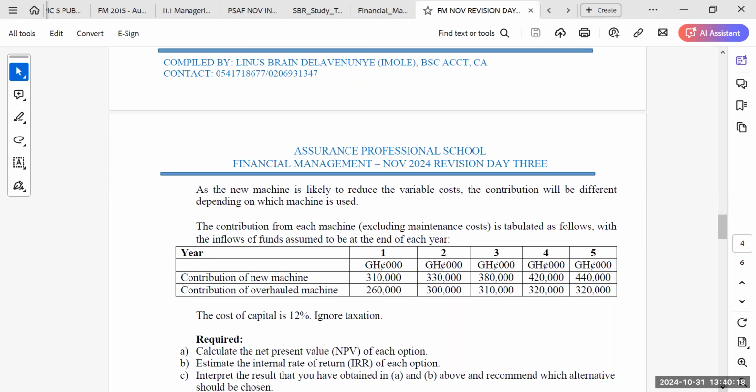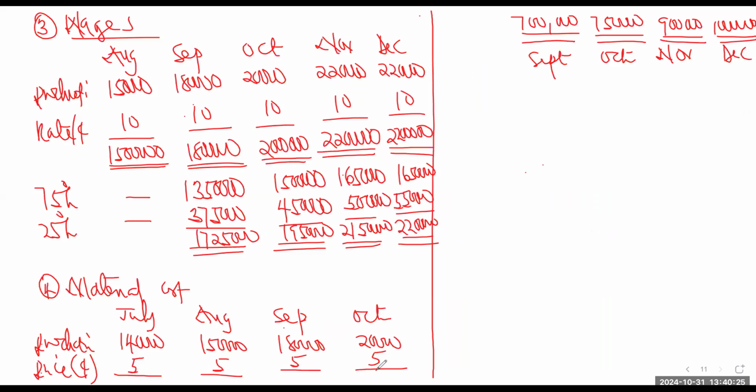So let's look at option 1, which is the new machine. Let me just use a full board. So I'll be having option 1.